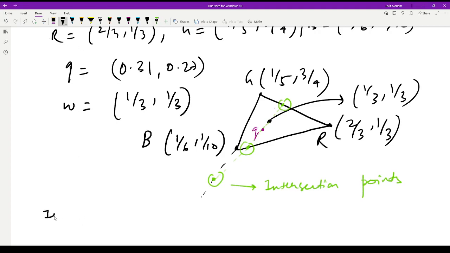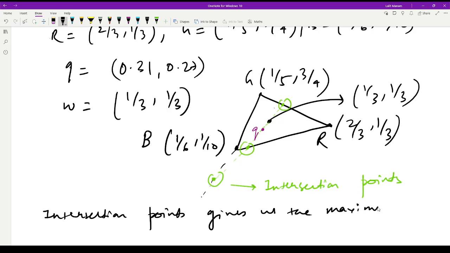The whole idea here is that the intersection points give us the maximum saturated color for each channel. Okay, now this looks nice, I guess. Our origin might lie somewhere here.